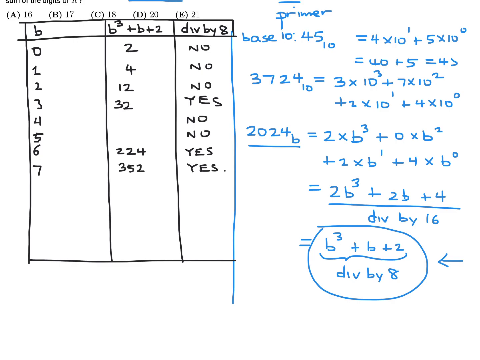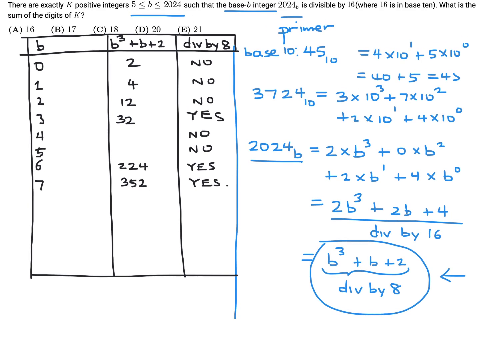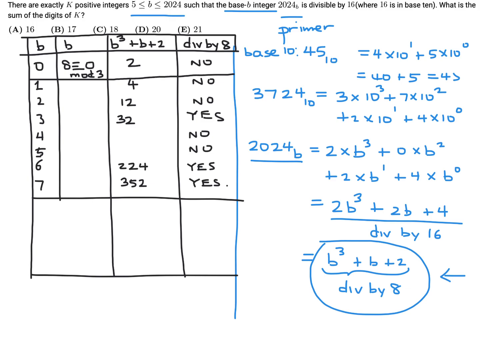Now, what's interesting is that if we continued with this list, and I want to do it side by side here, because if I go next to a value for b of 8, the reason I put it side by side is because b equals 8 is the same as 0 mod 8, and therefore it would have the same result.